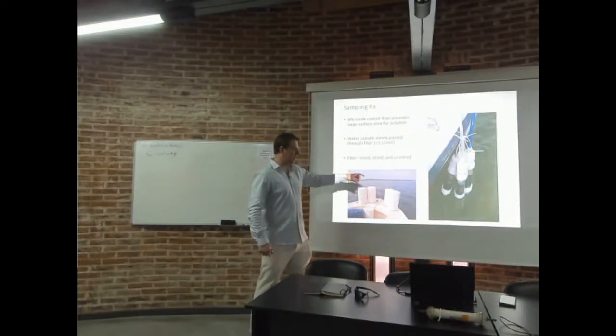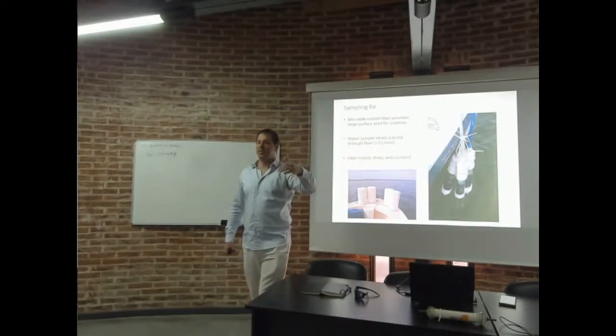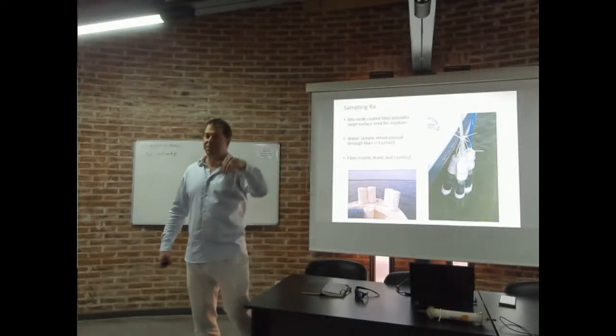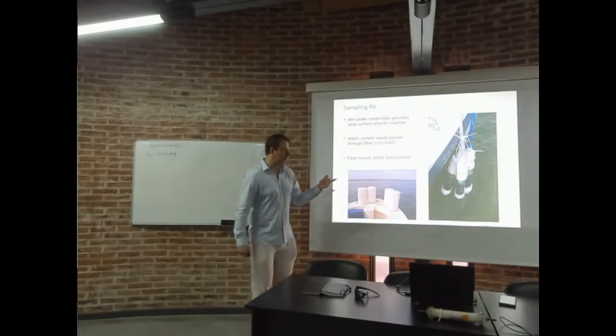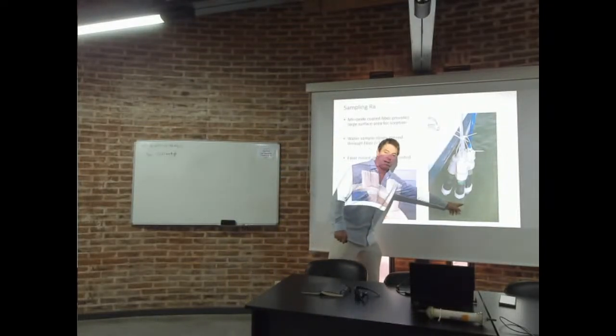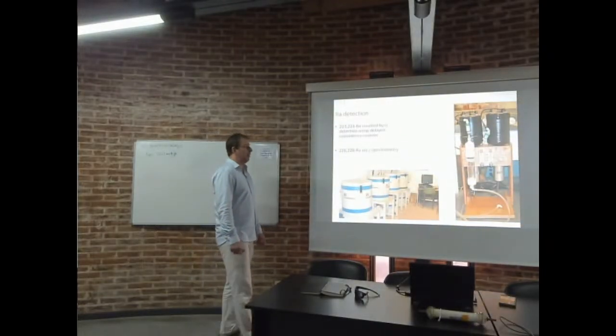And then you stuff it into these columns. The water passes through it slowly, less than 1 liter per minute. And as it passes through, the radium strips out of the water and goes onto the manganese oxide fibers. And what comes out at the other end is radium-free. And then you can dry them and count them.